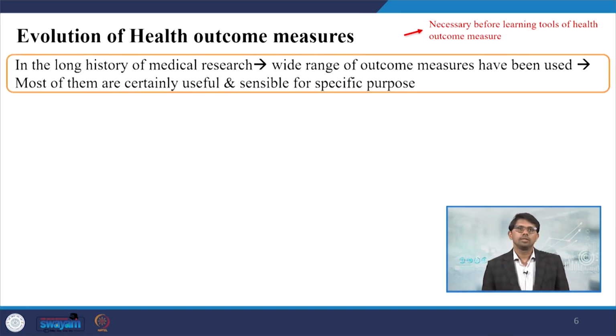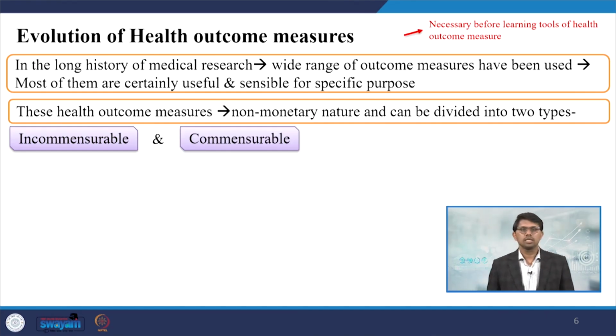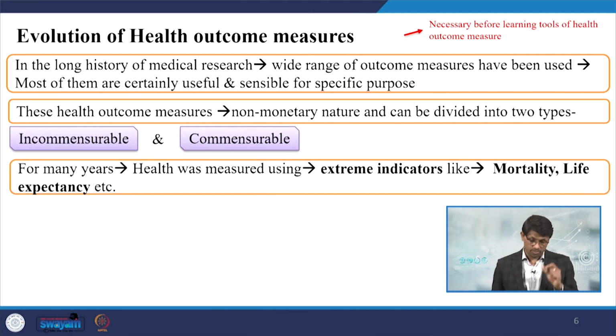In the long history of medical research, a wide range of output measures have been used. Most of them are certainly useful and sensible for specific purposes. These health outcome measures are largely non-monetary in nature and can be divided into two types: incommensurable and commensurable. There are two types of measures as part of non-monetary valuation.